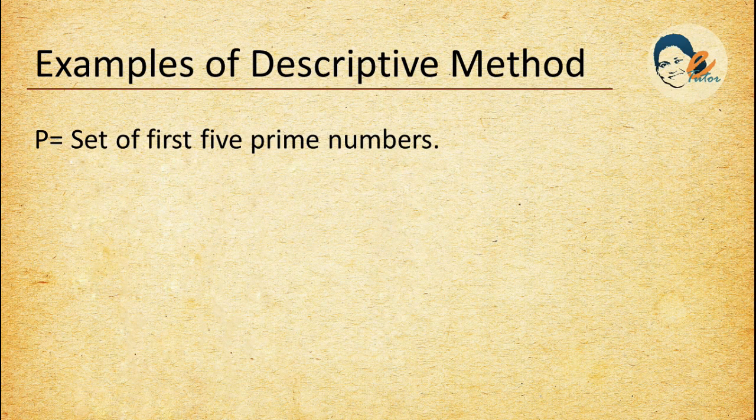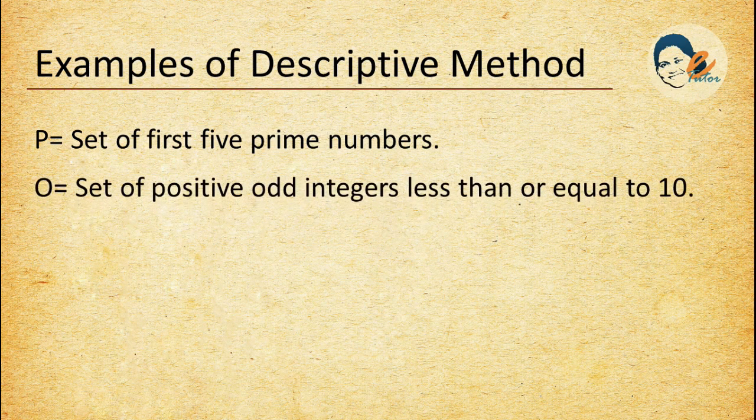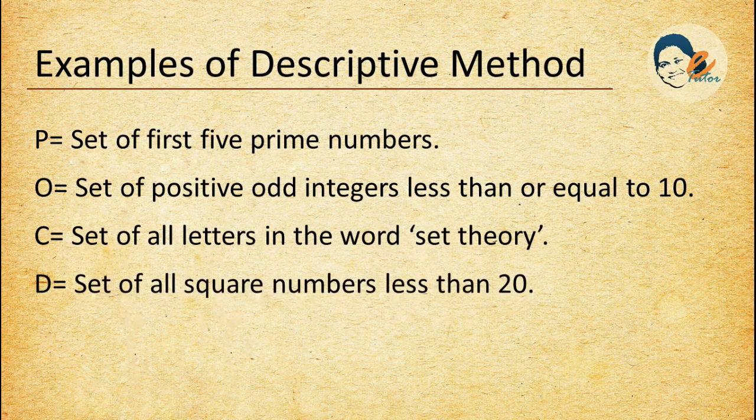Next, capital O is the name of the set and it represents the set of positive odd integers less than or equal to 10. Next, capital C represents the set of all letters in the word set theory. Similarly, capital D represents the set of all square numbers less than 20.